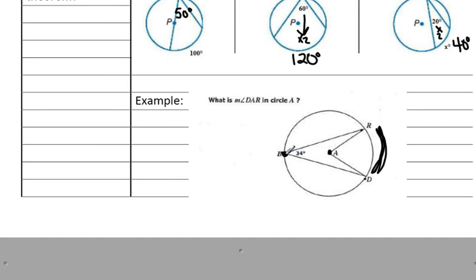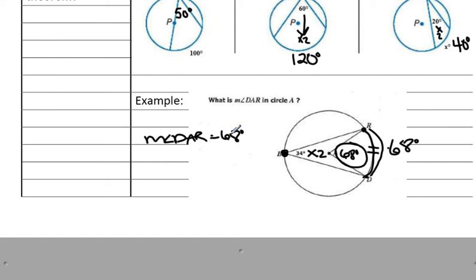So originally we're given an inscribed angle, and the inscribed angle times 2 gives you the arc that it intercepts. So 68. And angle DAR is a central angle, so it equals the arc. So the measure of angle DAR is equal to 68 degrees.